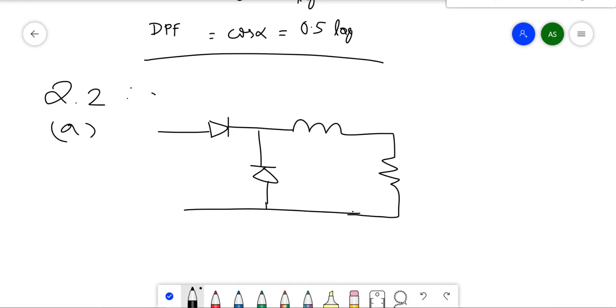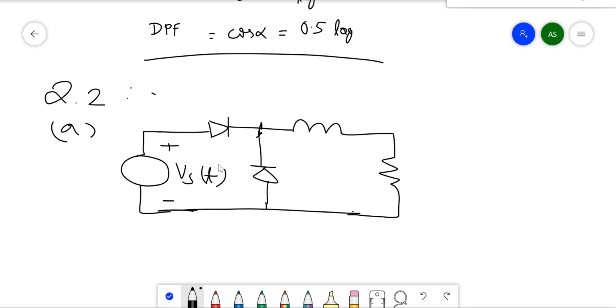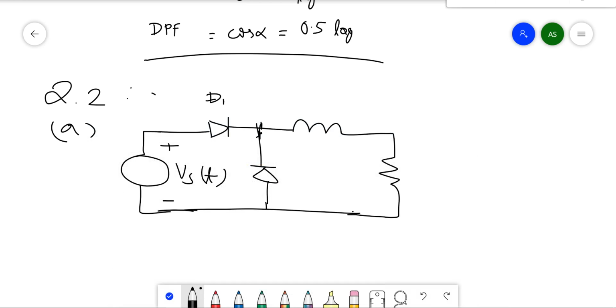So now there will be some voltage. If the diode, we should name it like D1 and D2, this is L, this is R.